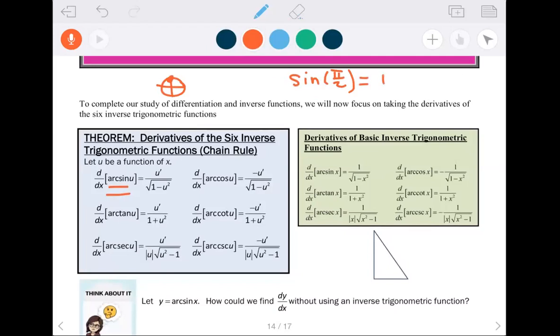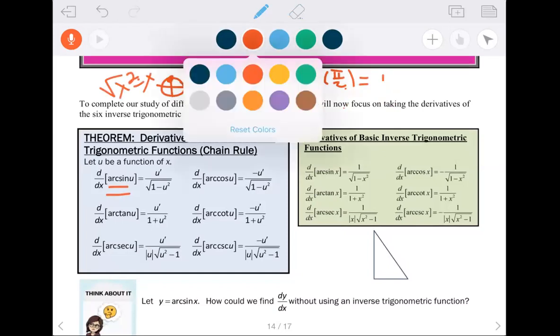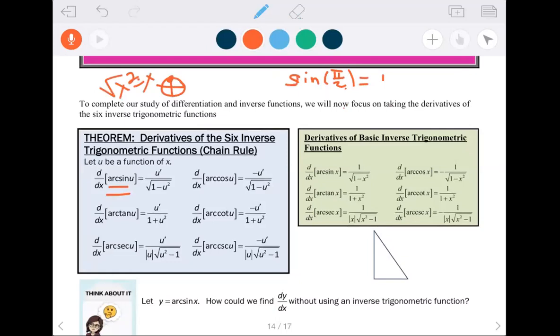So when it asks you what's arc sine of 1, it means what angle gave you a sine of 1, and you'd say pi halves. But just like a square undoes a square root, arc sine undoes a sine.